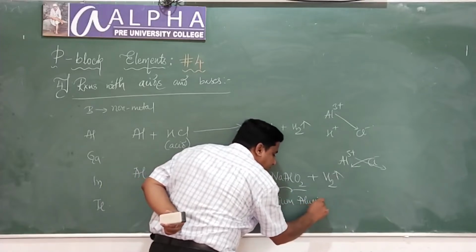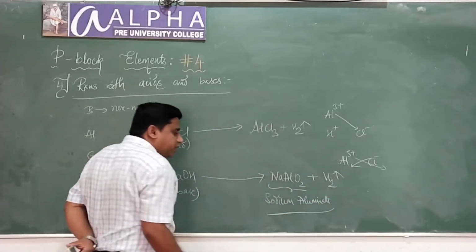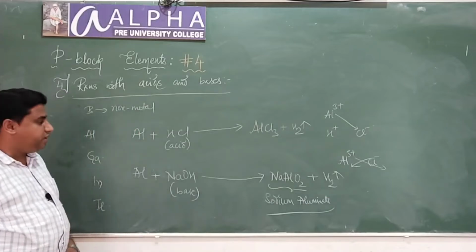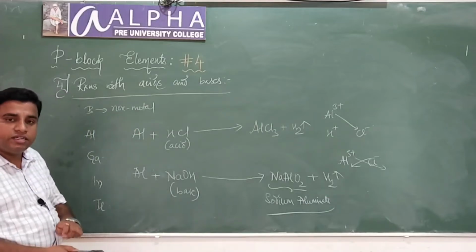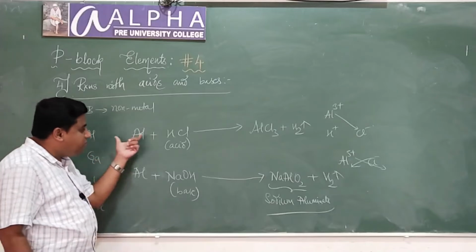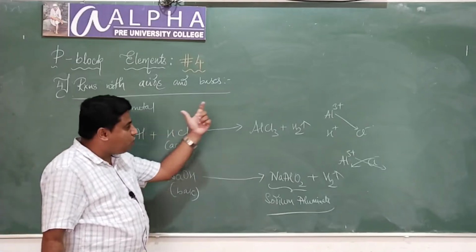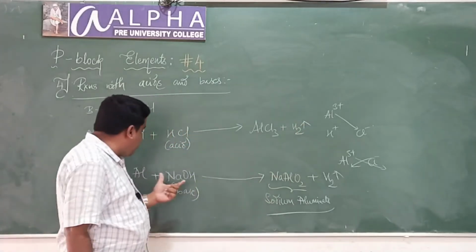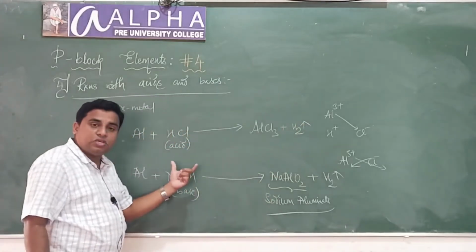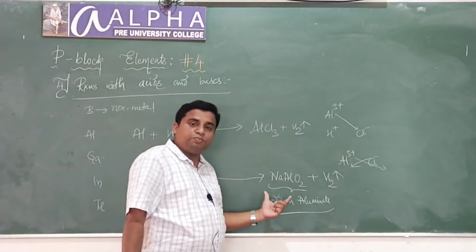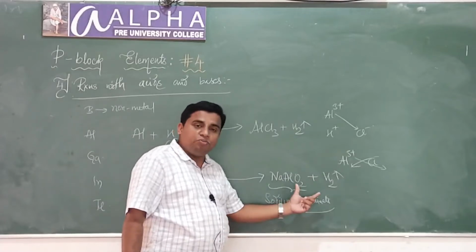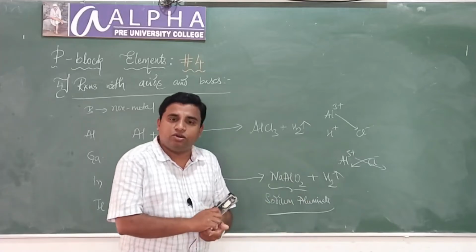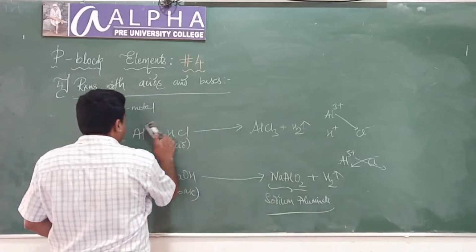No doubts, understood? So when aluminium reacts with acid, it forms aluminium chloride and liberates hydrogen gas. When aluminium reacts with the base, it forms a very peculiar compound called sodium aluminate. There also it liberates hydrogen gas.